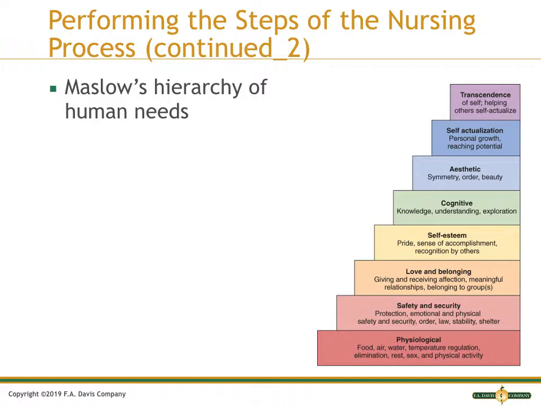You're trying to better yourself and reach your potential by going to nursing school. So we can argue that you've reached the self-actualization part of Maslow's. Your physiological needs are met. Your safety and security is met. You have a place, you have shelter, you have a place to stay. You're not worried about where your next meal is going to come from. You have a sense of love and belonging. You have self-esteem, at least some, in order to function.